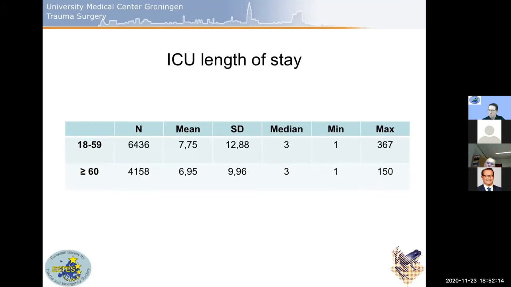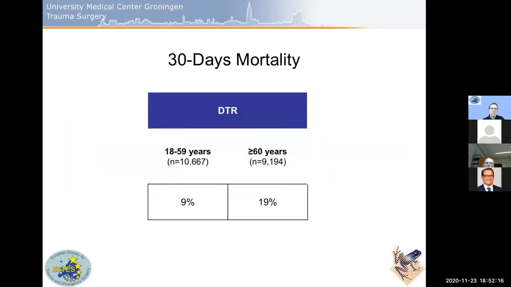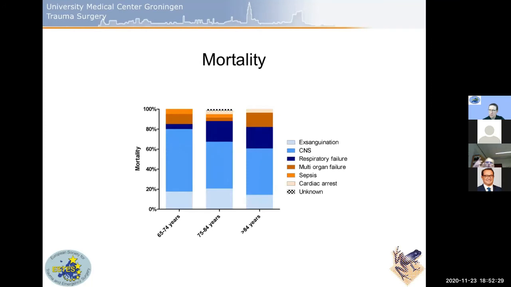Length of stay at the ICU, there's no difference, but the 30-day mortality, there's a big difference. It's 9% in the younger group against 19% in the older group. And if you look here, what are the reasons for the mortality? You can call it dark blue or purple.